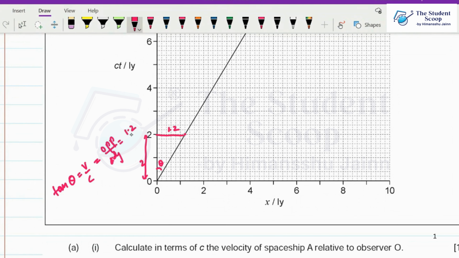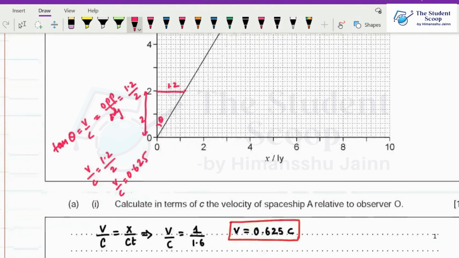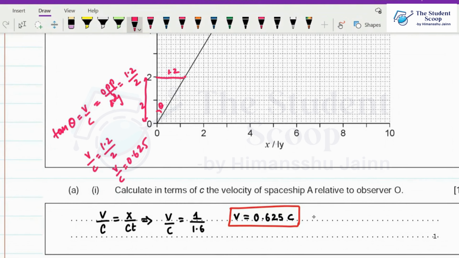So V by C is 1.2 over 2, which is equivalent to 0.625. So this is the basic idea of calculating V from the graph.